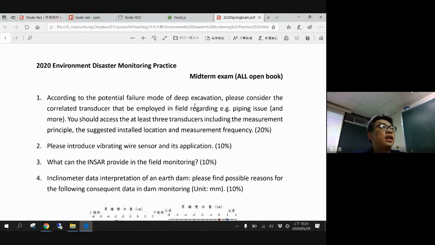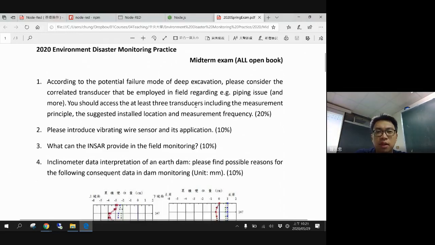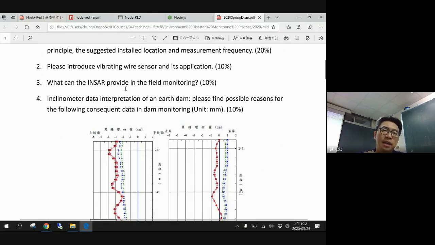So you need to think about how to choose the appropriate sensor at the appropriate location for the potential failure mode. But I think this is very good for most of you for the first question.